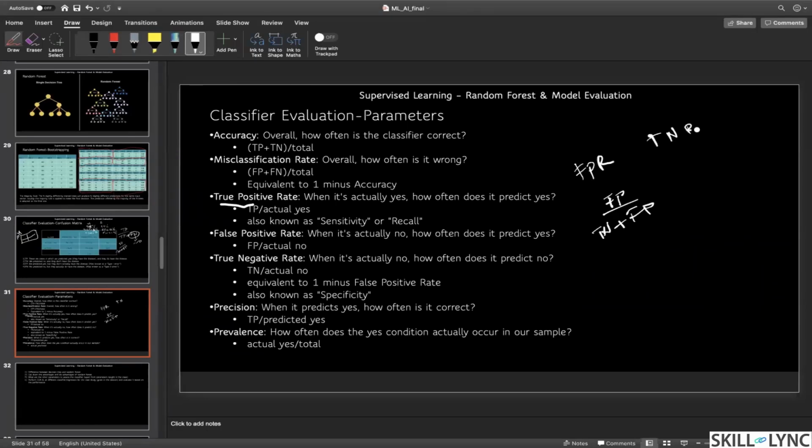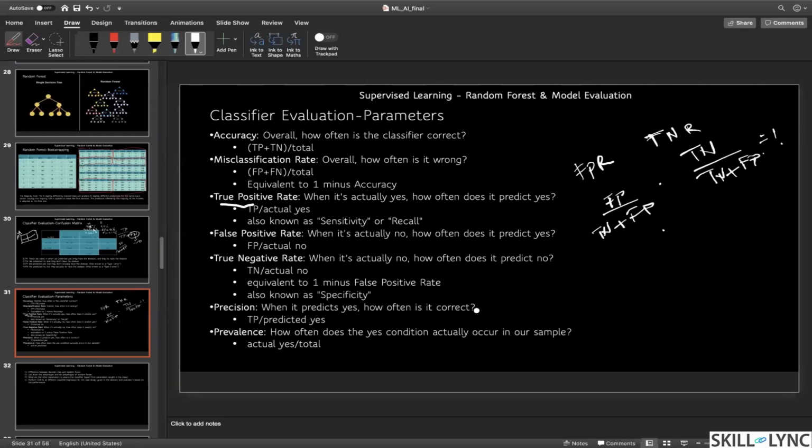What will be the true negative rate? True negative divided by true negatives plus false positive. So when you add these two, you will notice that it will be equal to 1. That's the reason true negative rate is also the same as 1 minus false positive rate. And this is also called specificity.